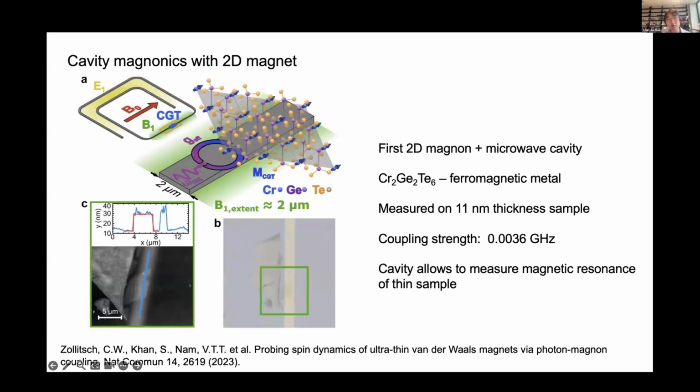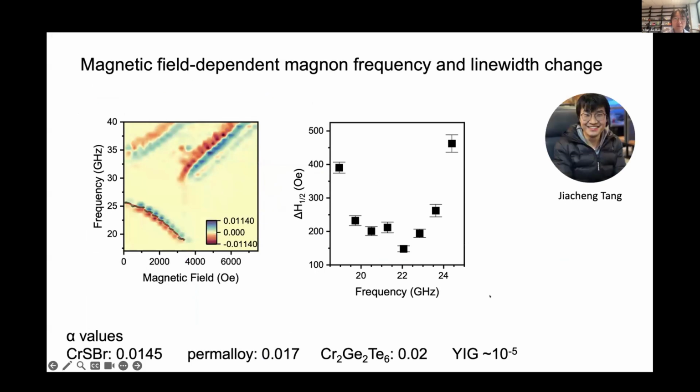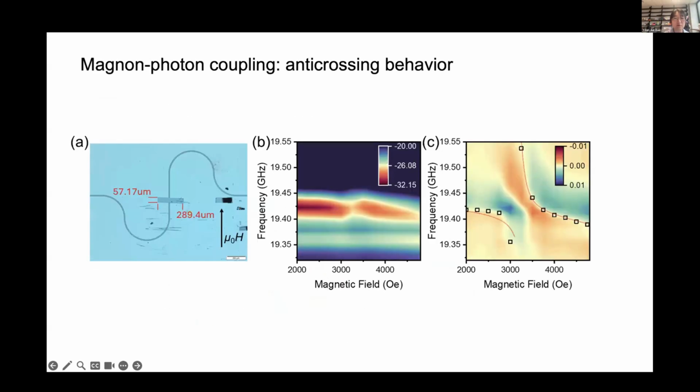Of course we were not the first people to think about this, and we found out pretty recently that another group has also worked on coupling 2D magnets to a microwave cavity. So, long story short, we also started working on it. Jia Cheng, a postdoc in my group, started working on it, and we were also able to demonstrate the coherent coupling.